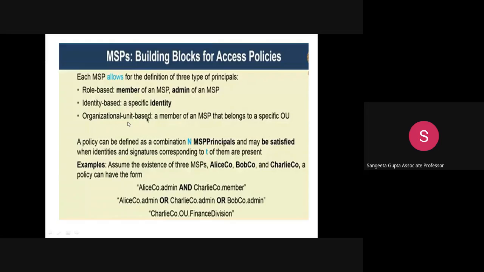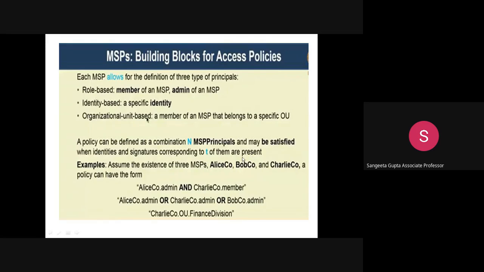As we have discussed, based on the entities, with respect to a particular organization, they will be categorized. So the principal can be in the admin based category. Then identity based, so different individual faculty members representing these organizations, may be an authority who is appointed by the principal. So a policy can be defined as a combination of n MSP principals, which may be satisfied when the identities and signatures corresponding to t among them are present.